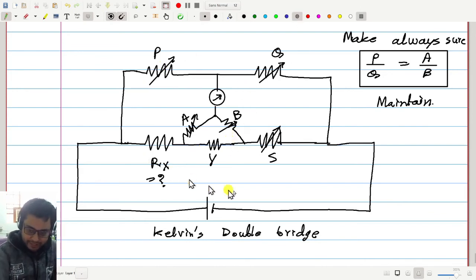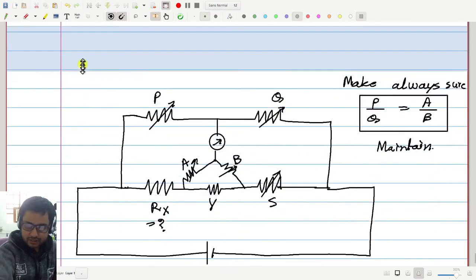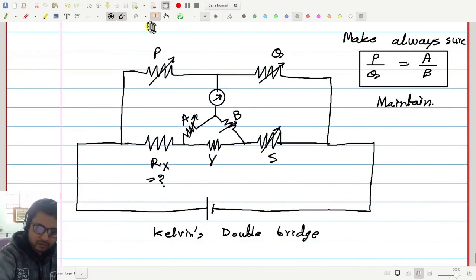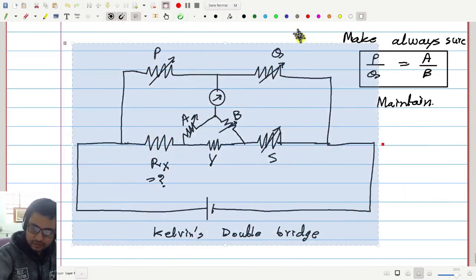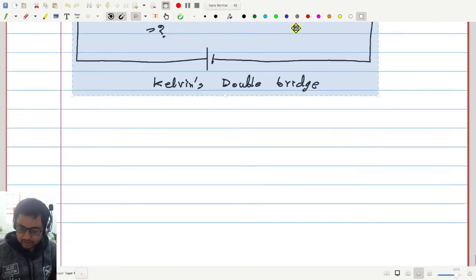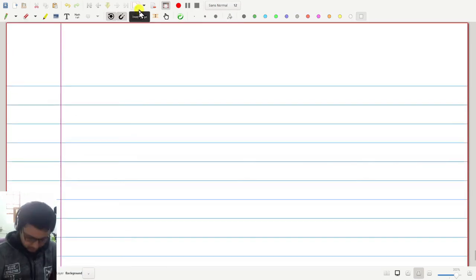Achha. Now to find the balance equation, I will convert this into a Wheatstone bridge. Copy, paste.